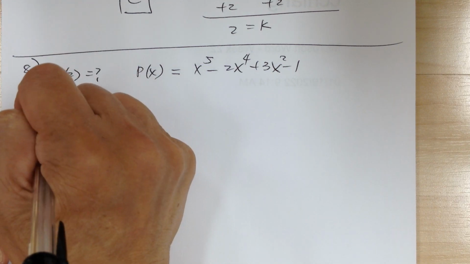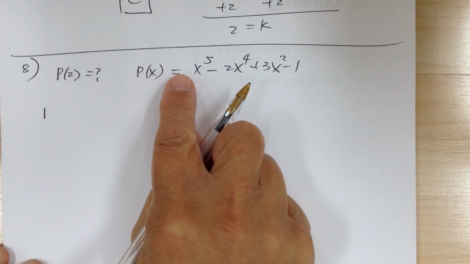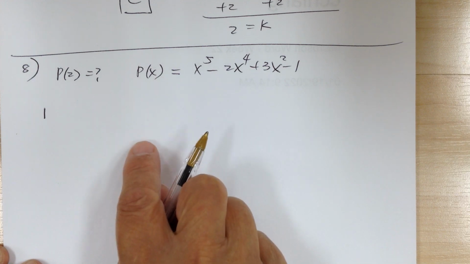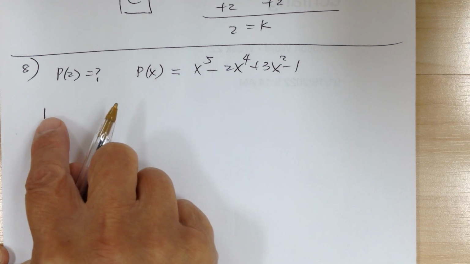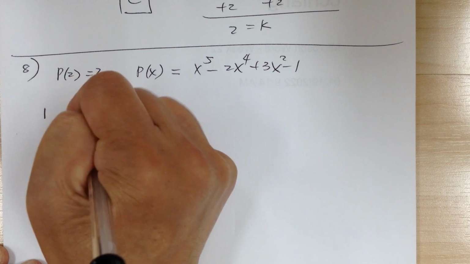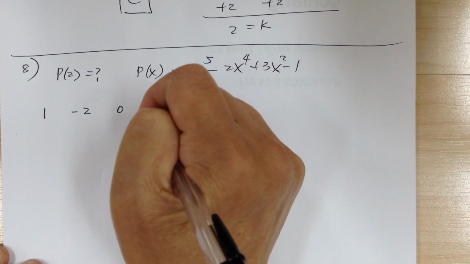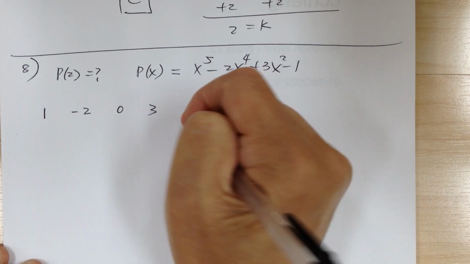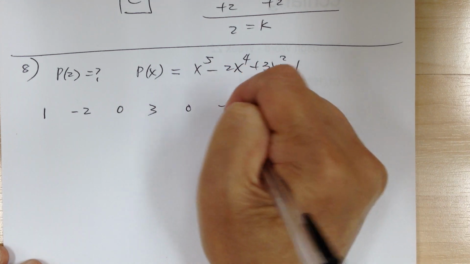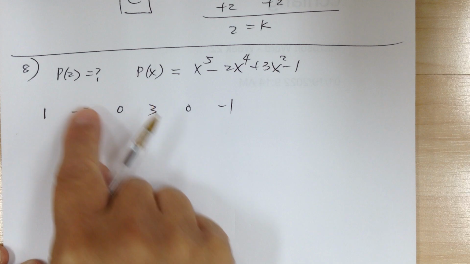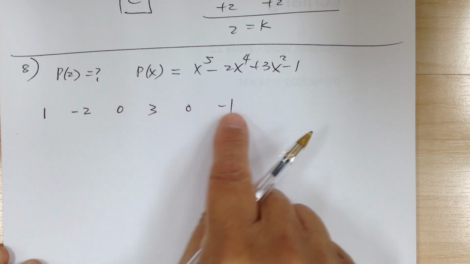Remember, evaluation and the remainder in synthetic division are the same, right? So you have 1 for x to the 5, minus 2 for x to the 4, 0 for the 3rd power, 3 for x squared, 0 for the 1 power, and -1. So you get 5 power, 4 power, 3, 2, 1, 0.